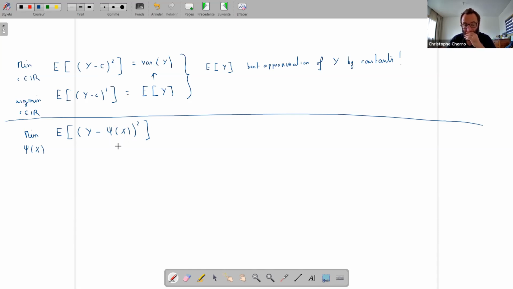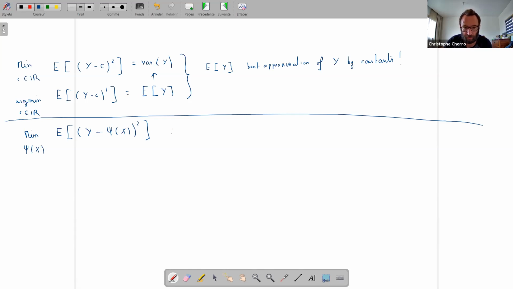In particular, if I am a function of x, I can be a constant, okay, for sure, but I enlarge, if you want, the set of the points. Okay, so I want to minimize this quantity and see what happens. So let's do the job.